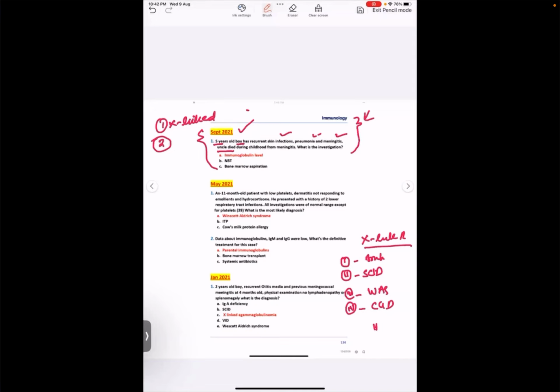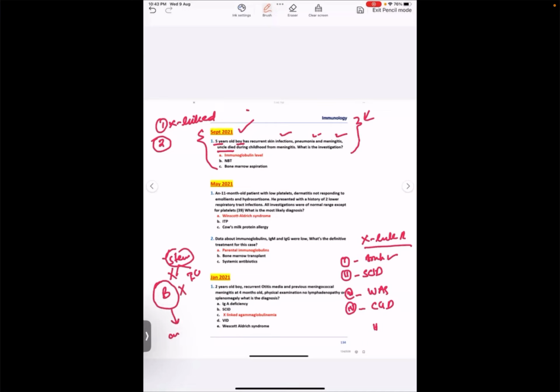What happens basically in X-linked agammaglobulinemia? The stem cell is going to differentiate into B cell and T cell, right? In this disease, there is failure of differentiation of the stem cell into the B cell, which is going to produce antibodies.